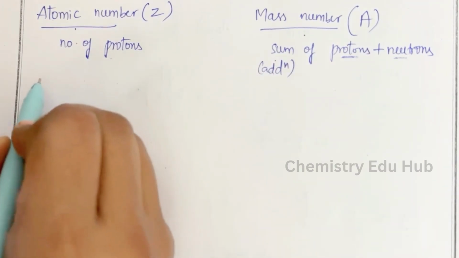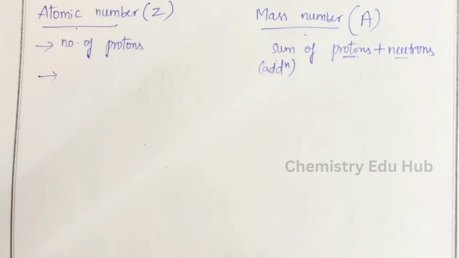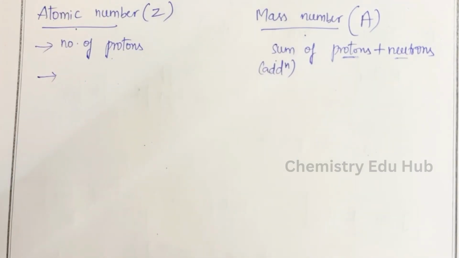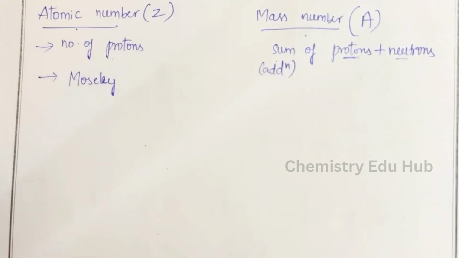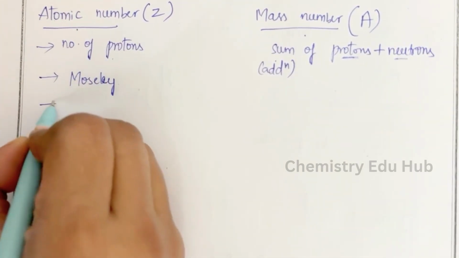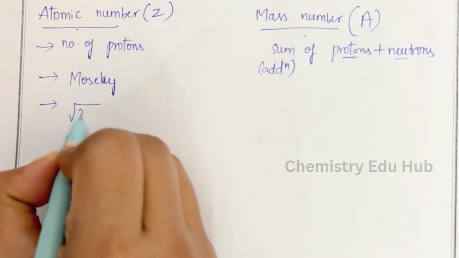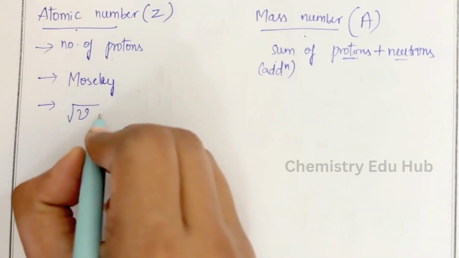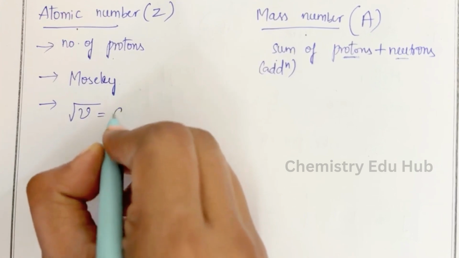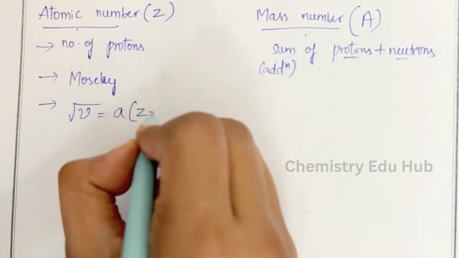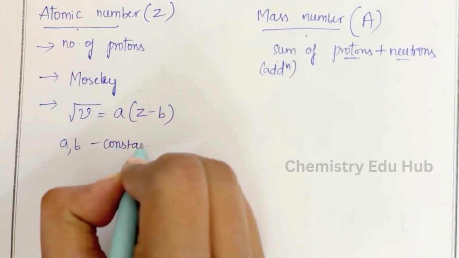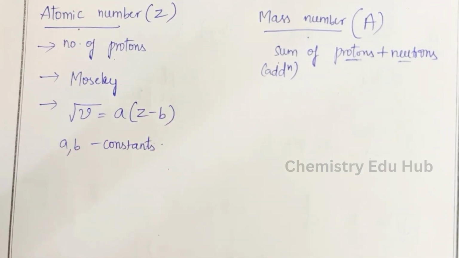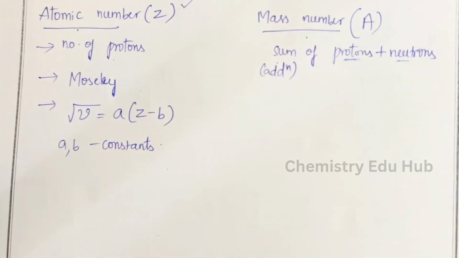Atomic number was discovered by the scientist Moseley. He conducted X-ray spectral studies and drew a graph of the frequency of the X-rays, square root of nu equal to A into Z minus B, where A and B are constants. He identified that the characteristic properties of any atom depend on the atomic number only.